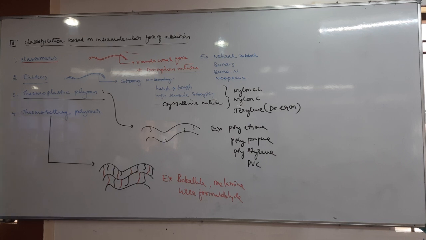These weak binding forces permit the polymers to be stretched. Examples: natural rubber, buna-N, neoprene.